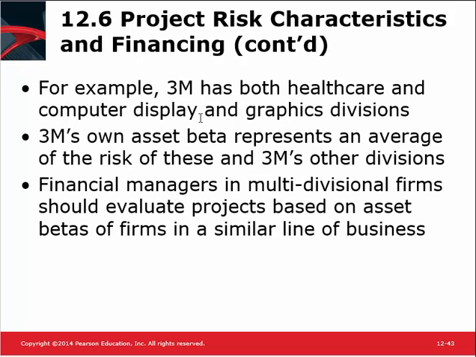Again, if you think about a company like 3M, it has lots of different industries. And I think this is relevant for almost any company you can think of. They don't just work in one specific industry. So we need to evaluate projects based on the betas of companies that are similar.